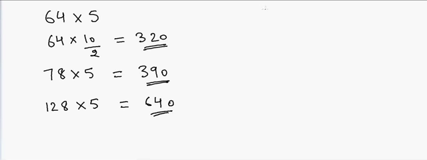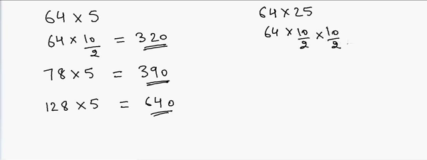Another trick is to multiply by 25. If I have to multiply 64 by 25, then we can write this as 64 into 10 by 2 into 10 by 2. So we have to take half of 64 two times. Half of 64 is 32, half of 32 is 16.